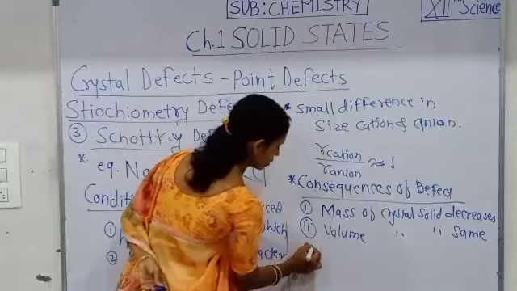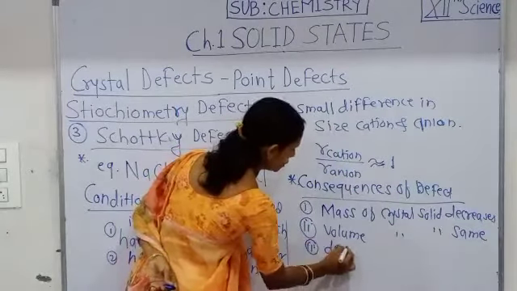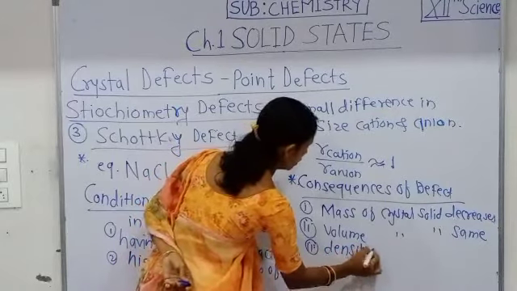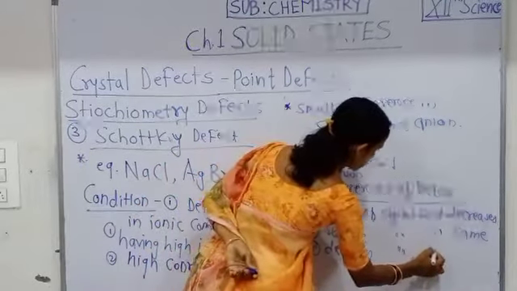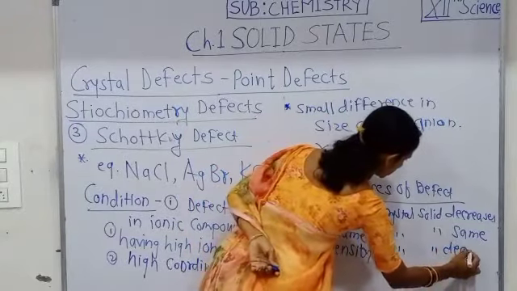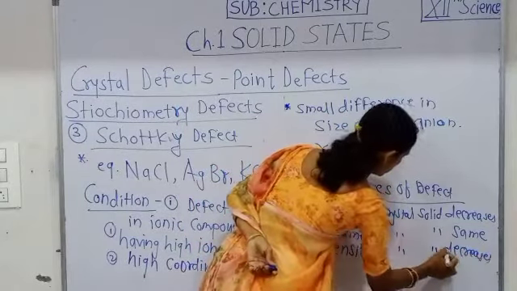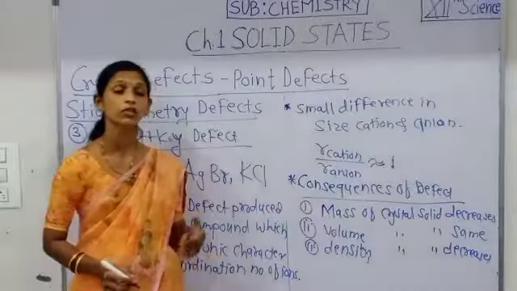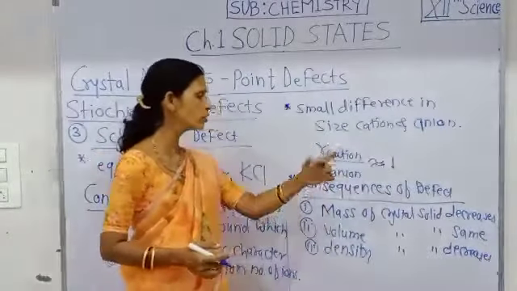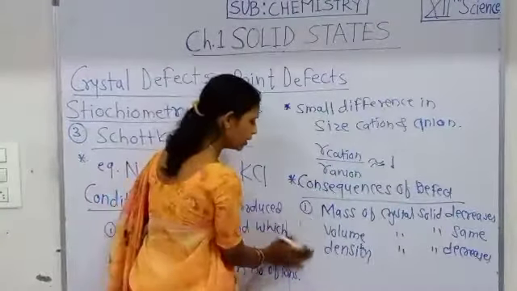Therefore the density of the crystalline solid decreases. That is one of the consequences of Schottky defect.